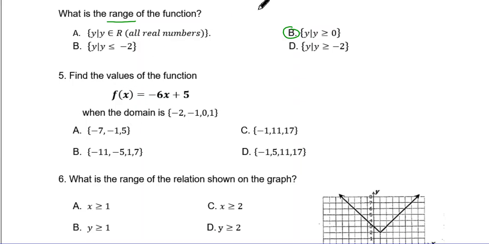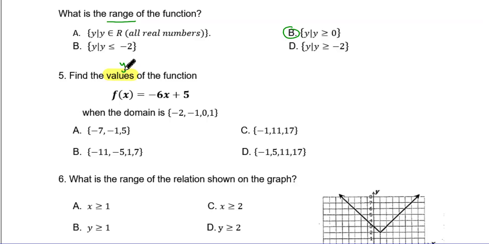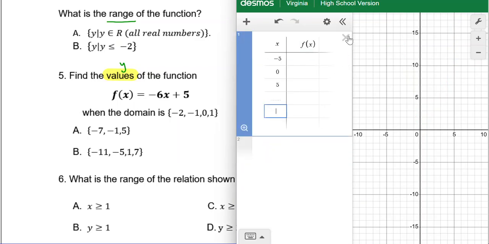All right, find the values of the function when the domain is this. Whenever it's asking you for the values, that's automatically the y values. This is similar to the other problem we did. You have your domain, which is your x, and you have your range, which is your y. I want the domain of -2, -1, 0, and 1. So same thing, I'll just put it in Desmos.